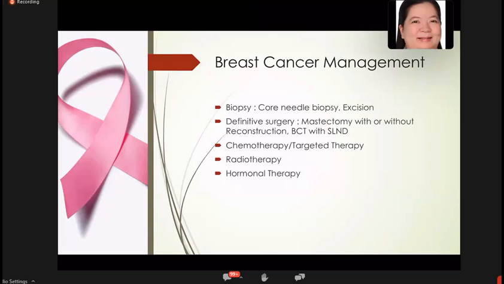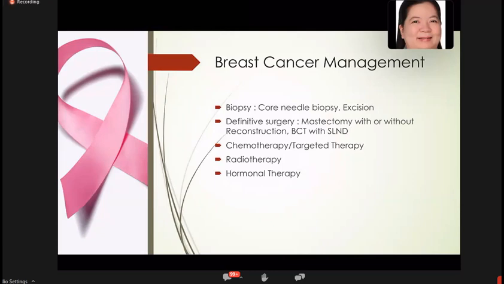you inject dye dun sa breast, sa mass. Then you wait for the dye to migrate to the first 2 or 3 lymph nodes dun sa lymph node chain. Then you get those lymph nodes, send it for frozen section for pathology, and they will check if there's already lymph node involvement.